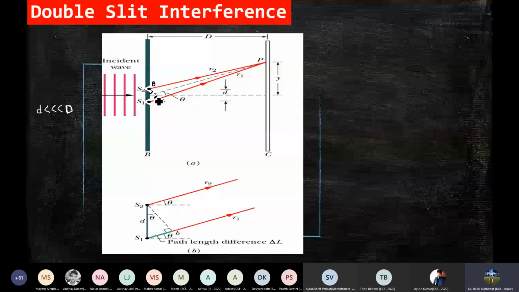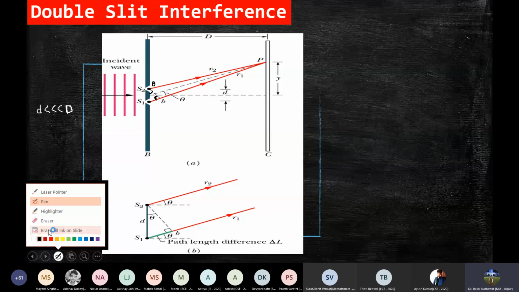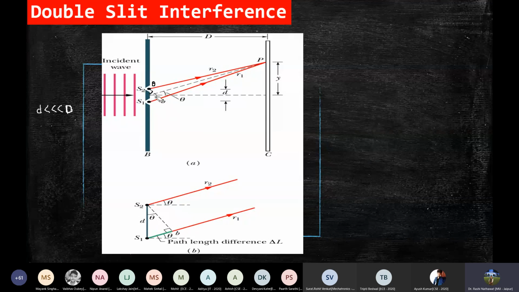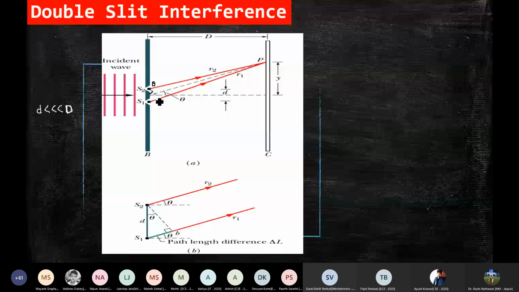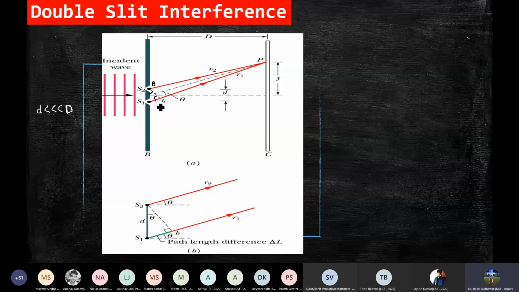If this is 90 degrees, the distance between S1 and S2 is d.